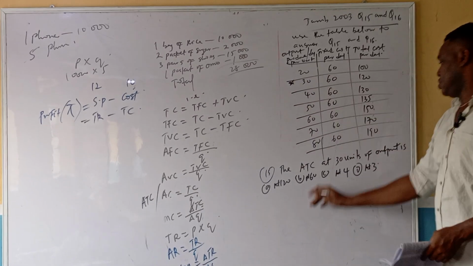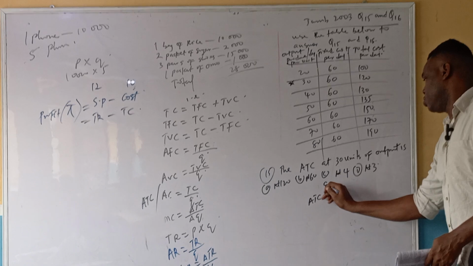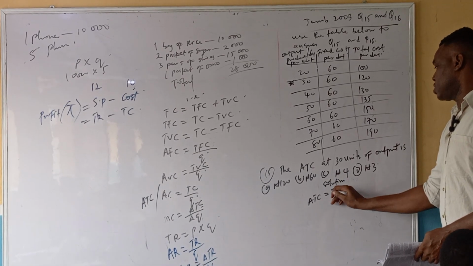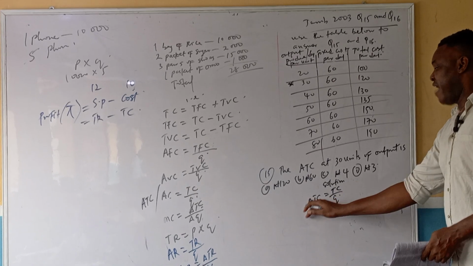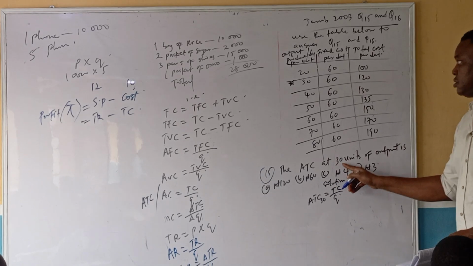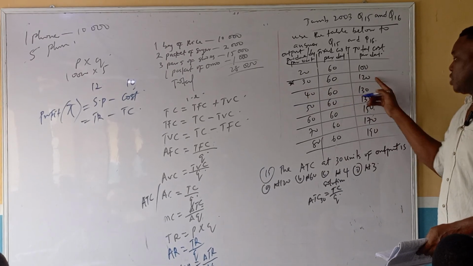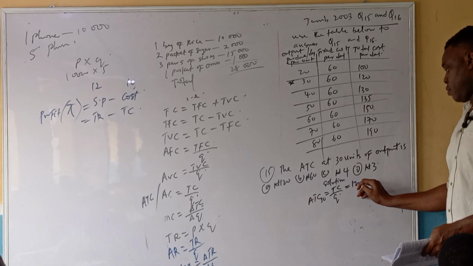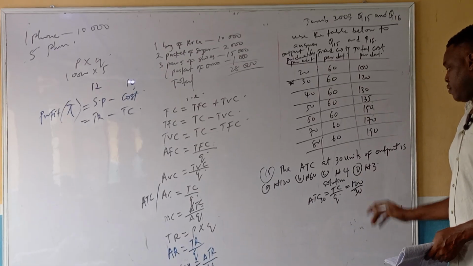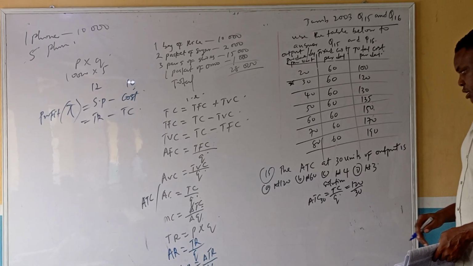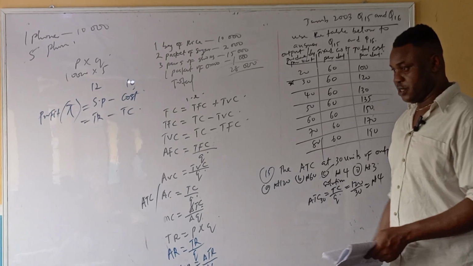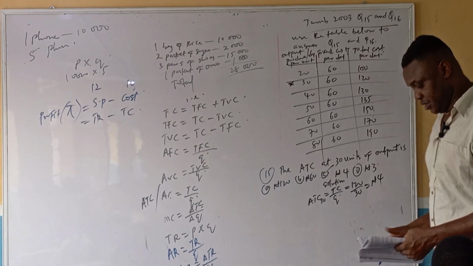Average total cost equals total cost over quantity. At 30 units, what is our total cost? Divide, and what do you have? 40k. You have 4. So this is the answer you go for, option C.